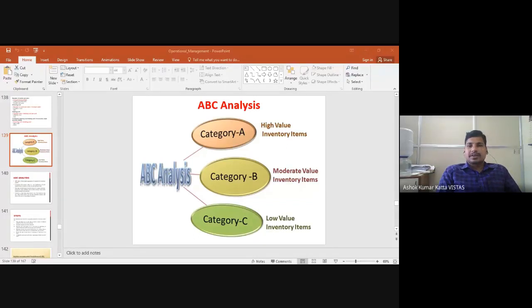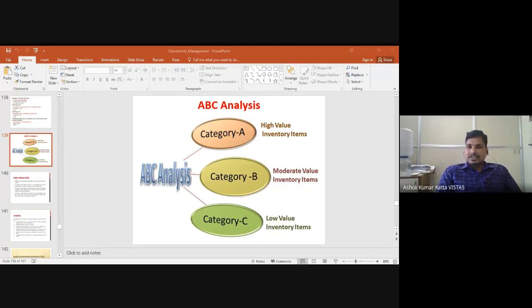A indicates high value of inventory items, B is moderate value, C is lower value. So we are dividing the inventories based on what kind of material we are having. High quality materials we group under A. Moderate quality means B. Lower quality means C.